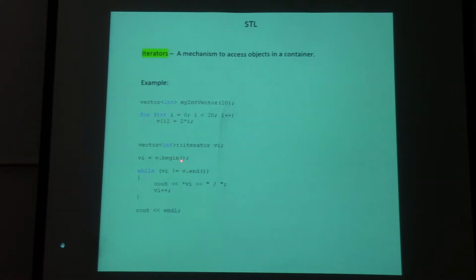So what type is v? Vector int. It's better to say vector int than vector, because vector int tells me that you know the type. Okay, so it's a vector int. So v.begin goes into vi, and then we have a code that looks like this: while vi not equal to v.end. Okay, so do you have any idea what's going on here?